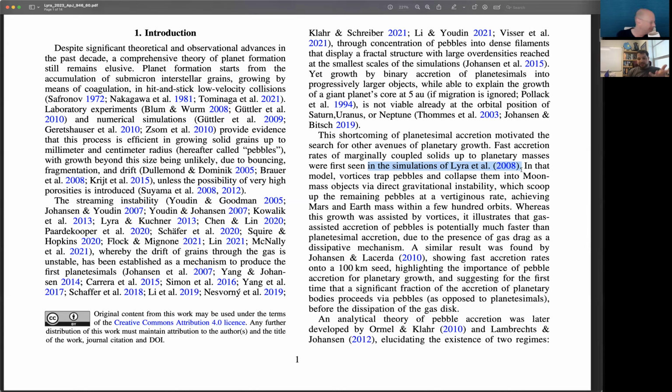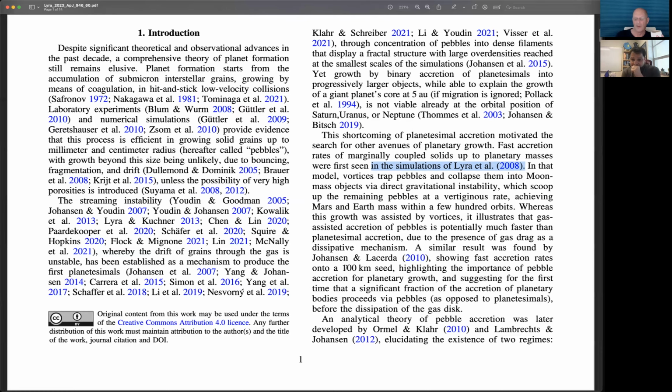But then Anders, the second author of this article, saw very fast accretion rates onto planetesimals, and then for the first time he suggested that a significant fraction of planetary growth actually is done through this phase of accretion of pebbles and rocks, not through planetesimal accretion.